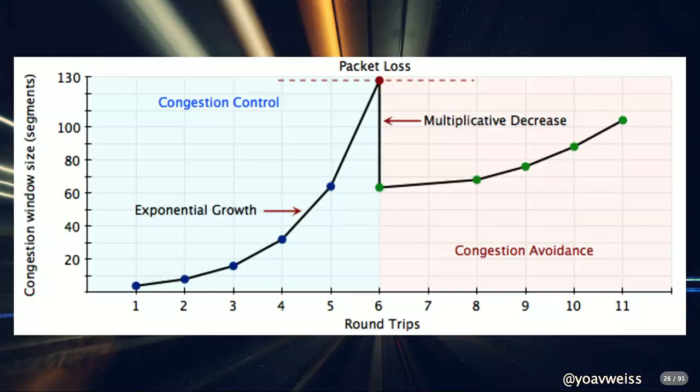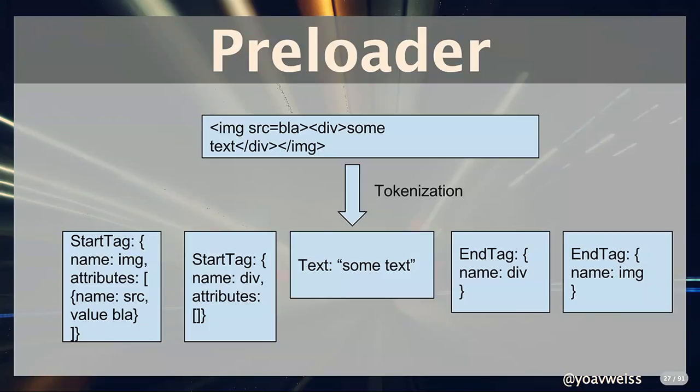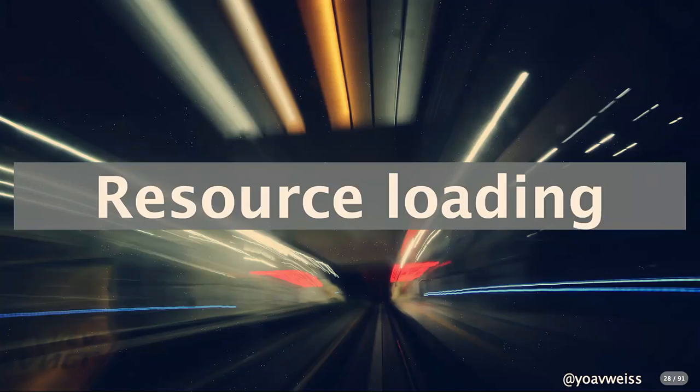Once the HTML starts arriving at the browser, it starts processing that HTML. It tokenizes it and runs it through the preloader in order to find out as soon as possible which resources are actually needed to load. And the reason for that is that a web page is comprised of multiple different file types.